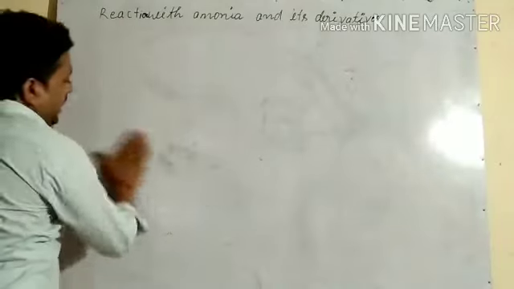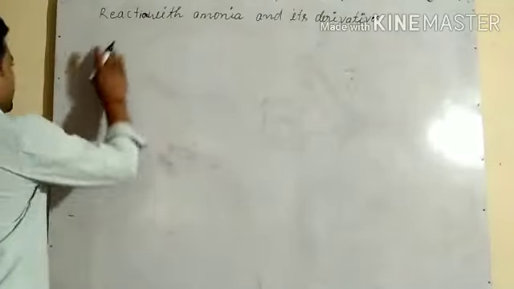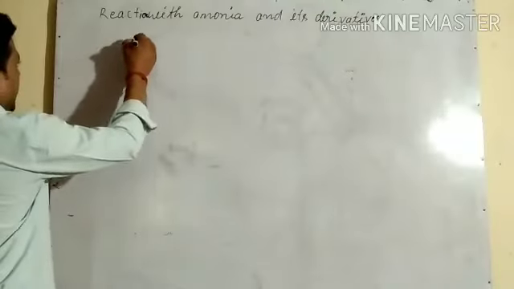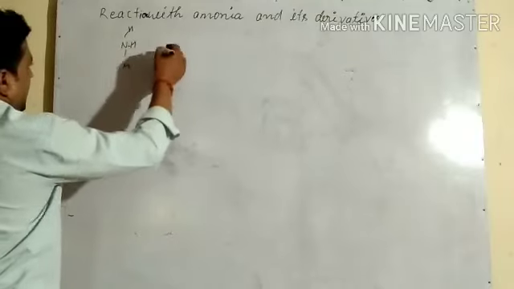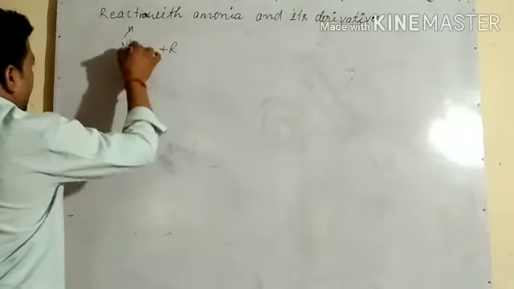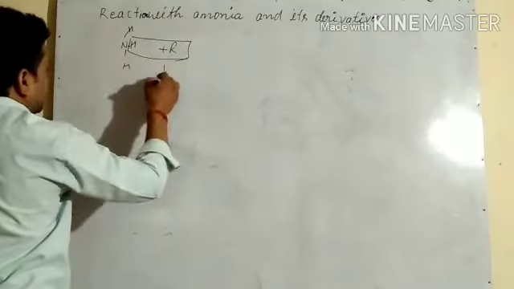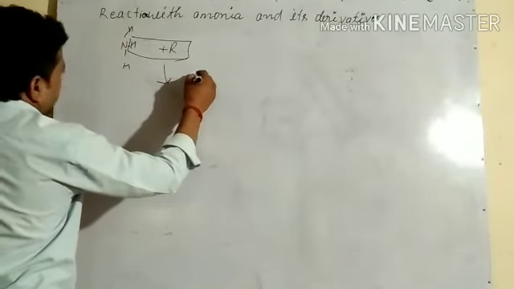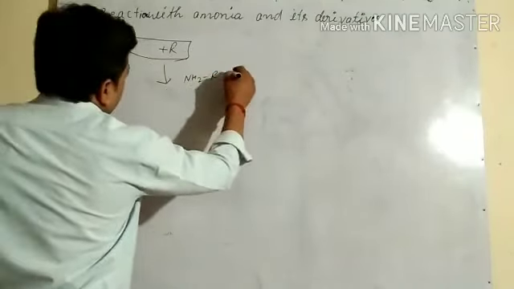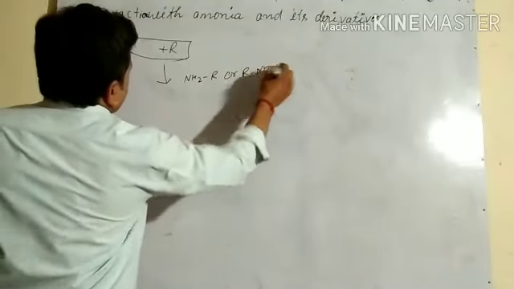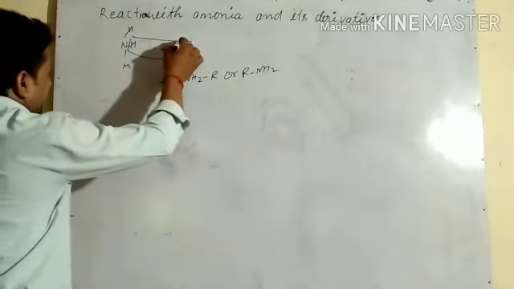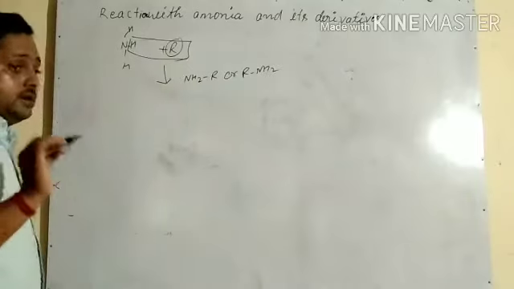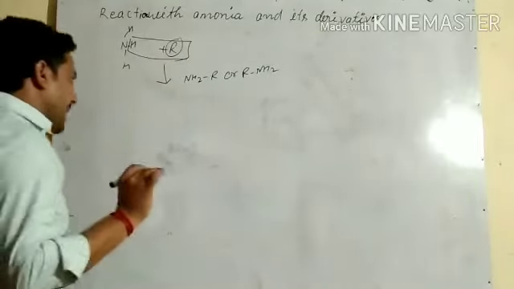How is amine formed? When one hydrogen of ammonia is replaced by alkyl group, it is called amine. We can write NH2R, or RNH2. This is alkyl amine, and it should be aliphatic and it should be primary amine. Remember it.